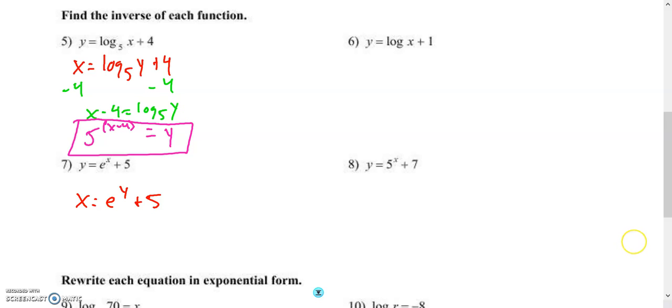So first thing you want to do is, after you've done that, you want to bring that 5 over. So we have x minus 5 on both sides is equal to e to the y. So here you are going to need to take the natural log of both sides to get rid of that e on the right side. So our final solution should be the natural log of x minus 5 is equal to y.